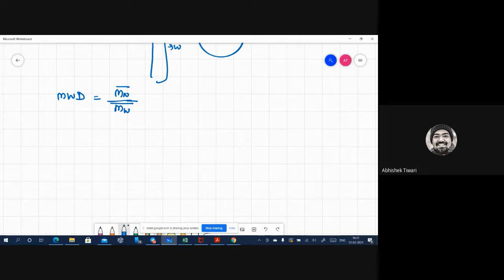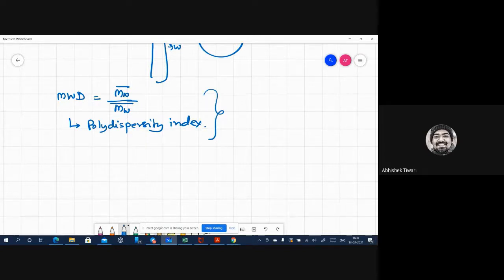This is called molecular weight distribution. Also it is called polydispersity index. And this has great effect on the mechanical property of the polymers.